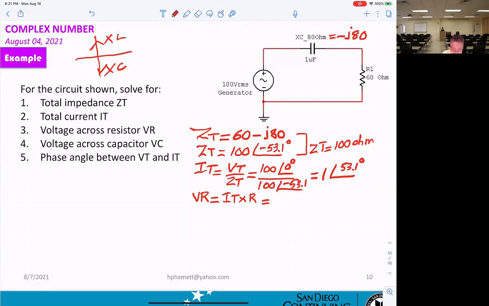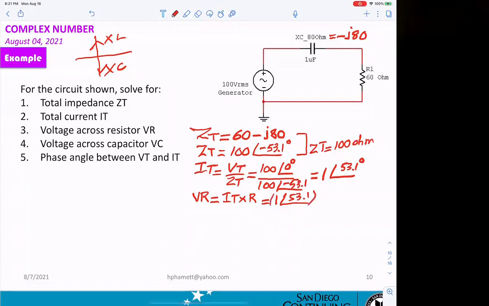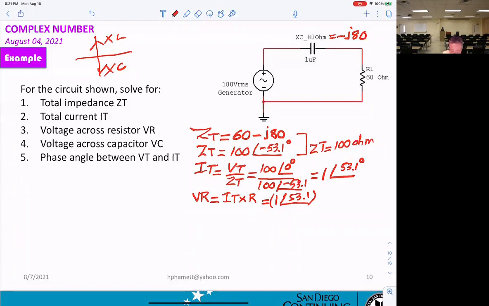So you get 1 angle 53.1 for IT, and R will be 60 angle 0.